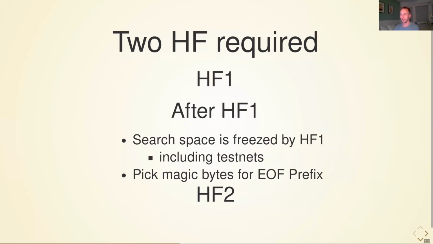Because the search space for these magic bytes following the EF byte has been frozen by the first hard fork, we can find some additional magic bytes that do not occur anywhere on mainnet and on the testnets we want to keep running on.